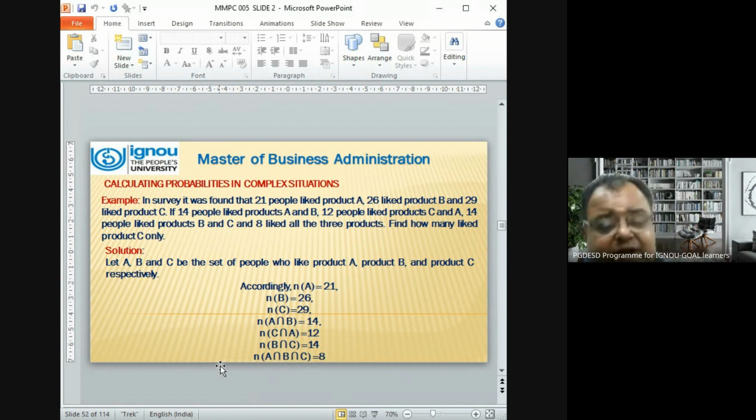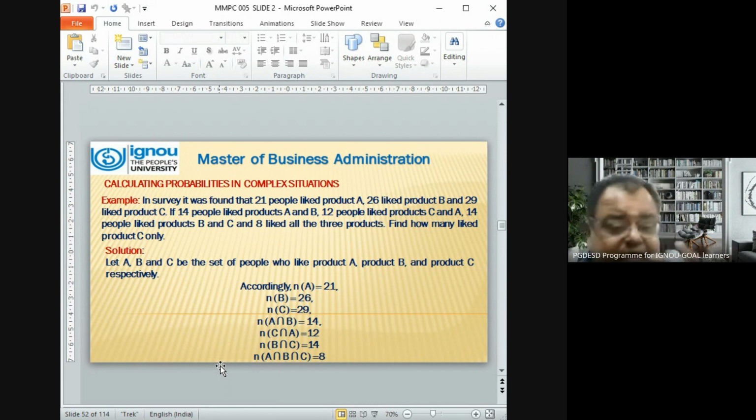This seems to be a very complex problem, but in business we come across situations where we have to make a decision or come to a conclusion.